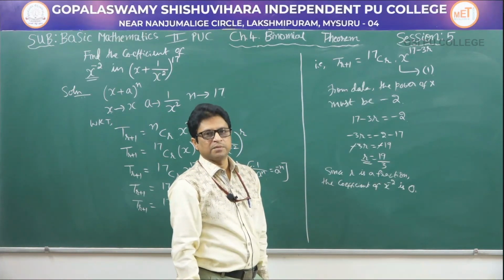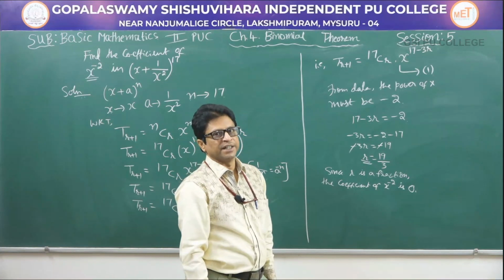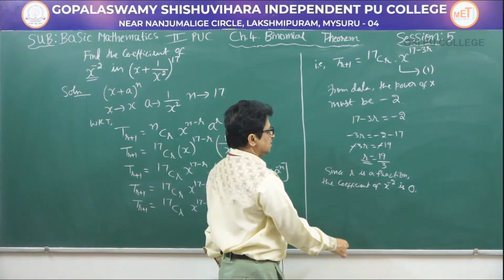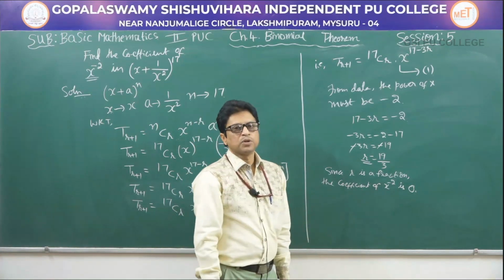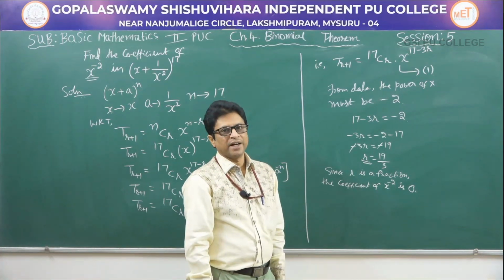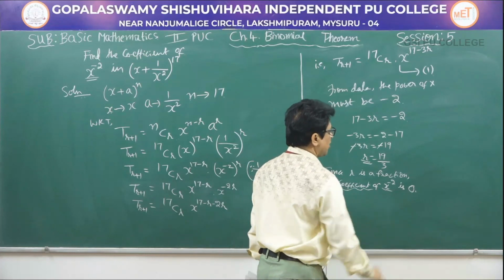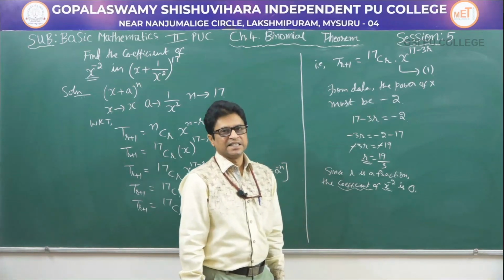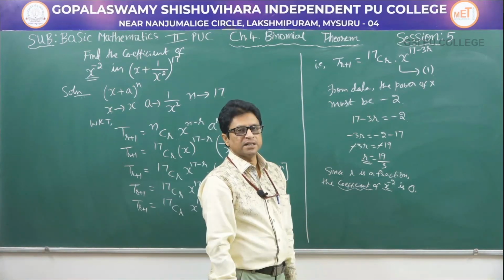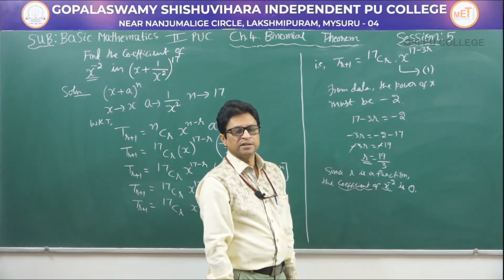So, rank of the term cannot be a fraction. Therefore, there will be no term whose coefficient is x^(-2). Therefore, the coefficient of x^(-2) is 0. That completes this problem. Okay, thank you.